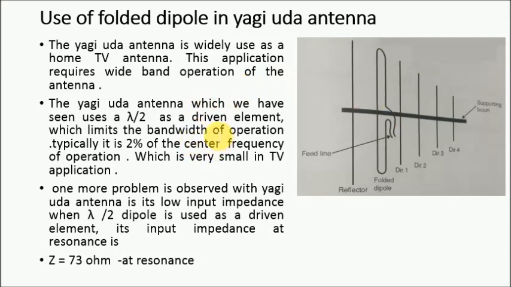Yagi-Uda antennas with a λ/2 driven element have limited bandwidth, typically 2% of the center frequency of operation, which is very small for TV applications.